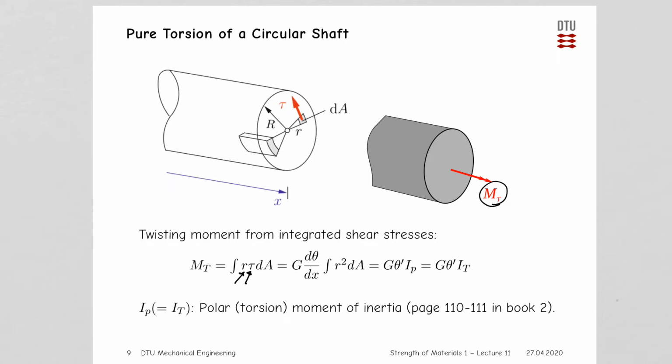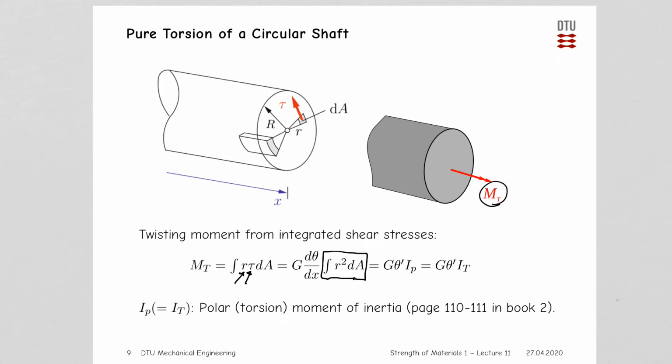Now we insert the expressions from the previous slide. And then we can see that we get a characteristic quantity, which looks very much like the moment of inertia that we covered earlier. However, the integration here is done over r, that is the radius, and not x and y. And that means that it actually gives a little bit different expression.